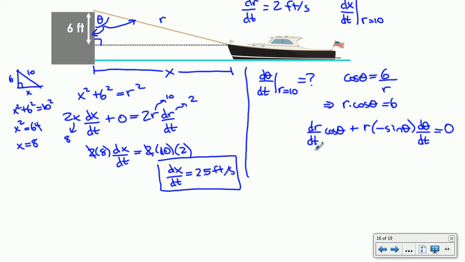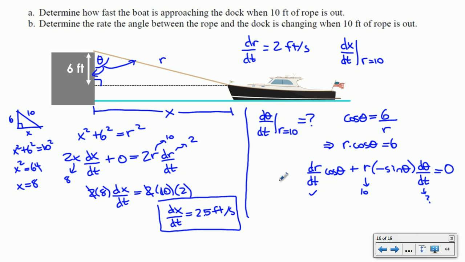So dr/dt we have, that's 2. Cos theta we'll need to figure out. r we have, that's 10. d theta/dt is what we need to find. And then we just need to figure out what cos theta and sine theta are. So we can use the definition cos theta is equal to adjacent over hypotenuse.